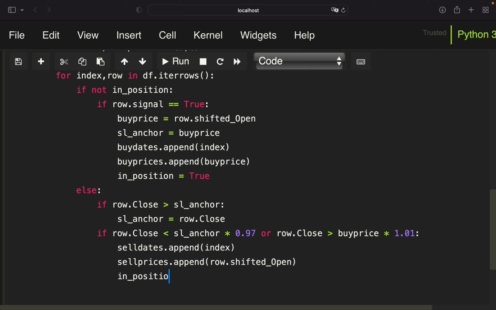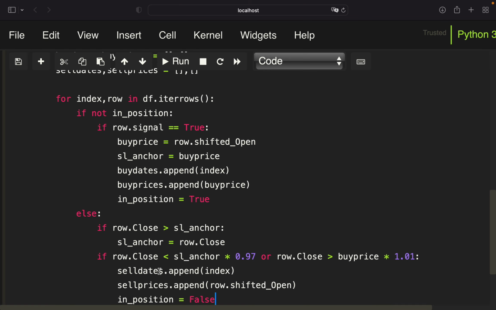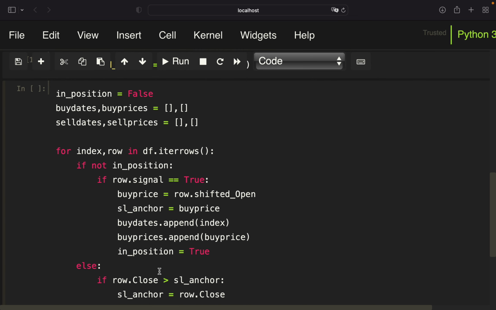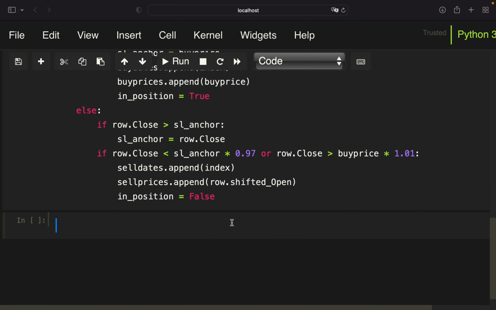And finally, I'm setting the position to false again. Okay, so this is our whole trading logic. We can execute that and take a look at what we have.